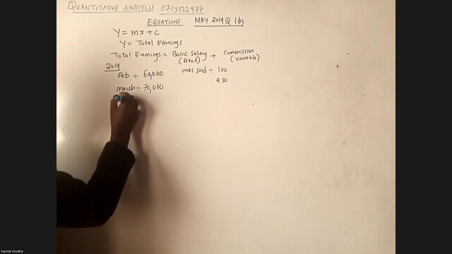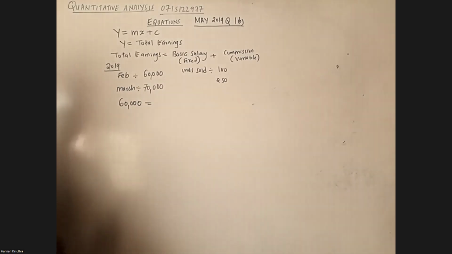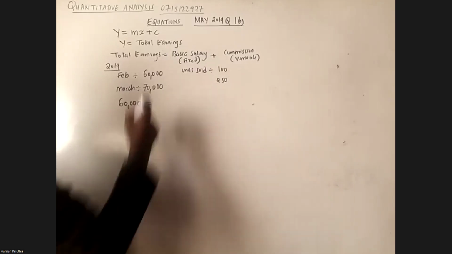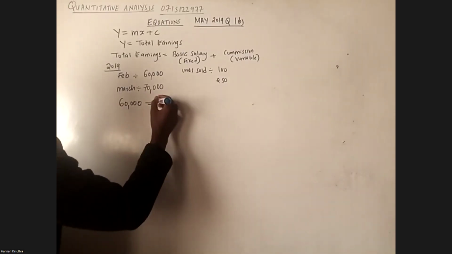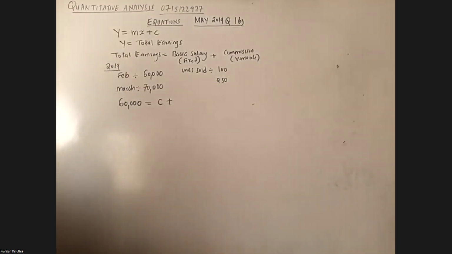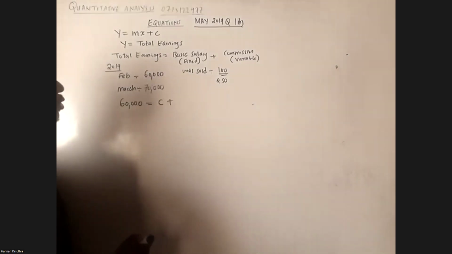We say, in 2019 February, when the total earnings is 60,000, it depends on the basic salary. We don't know the basic salary. Let us say our basic salary is C. We don't know our basic salary, but we know our commission. Now our commission depends on the number of items sold.